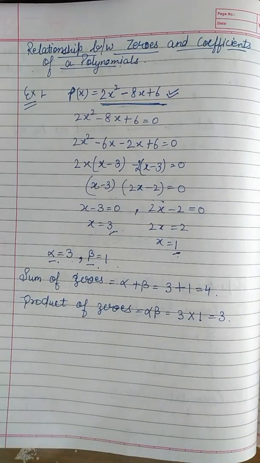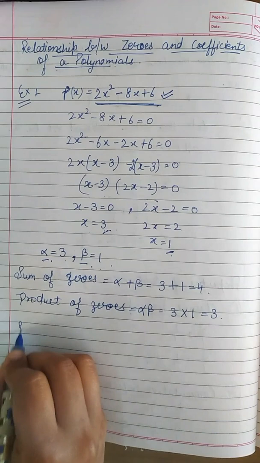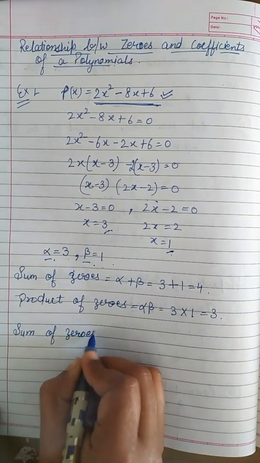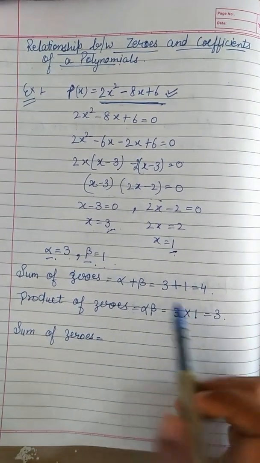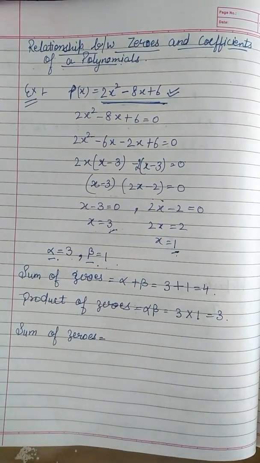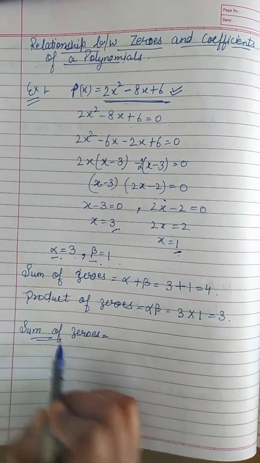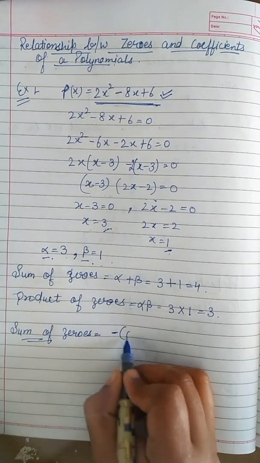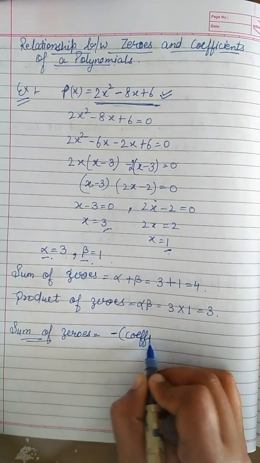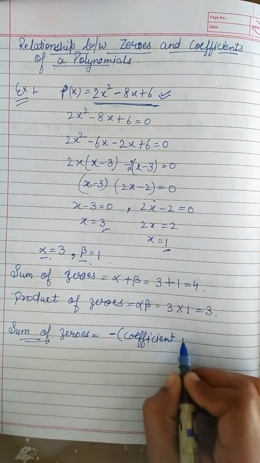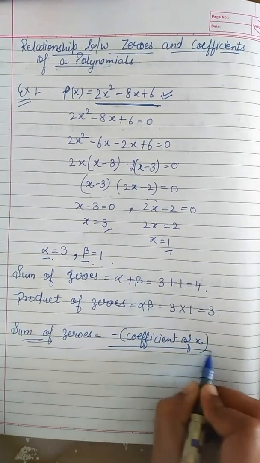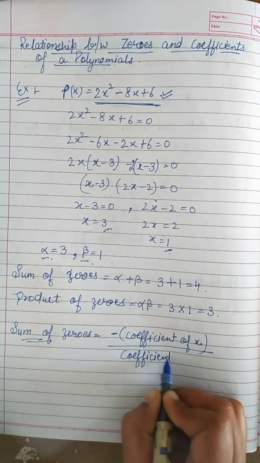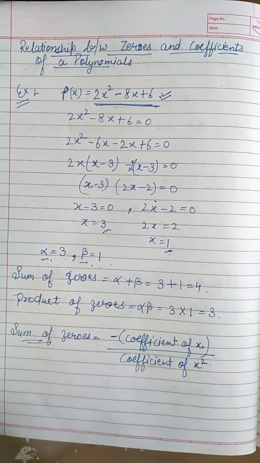Here we have another method to find the sum of zeros. Without finding the zeros, we have another method to find the sum of zeros. The sum of the zeros is equal to minus coefficient of x upon coefficient of x square.